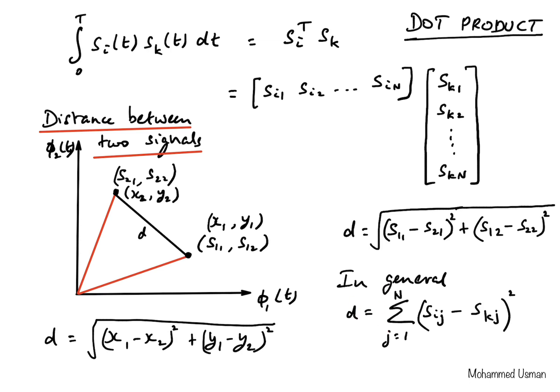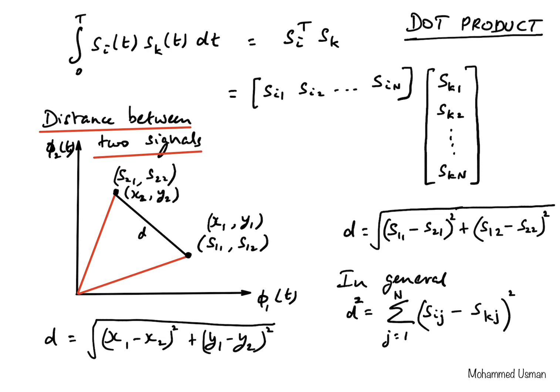Okay, we need to put this under the root to get the distance, but because I don't have the space here to put the root, I'll just write this as d square, right? So if you want the distance, you'll have to take the square root of this, so the whole thing to the power half if we remove the square here, right?